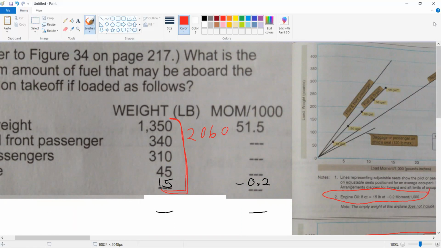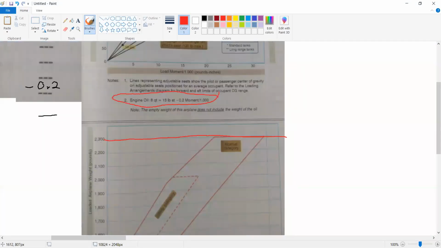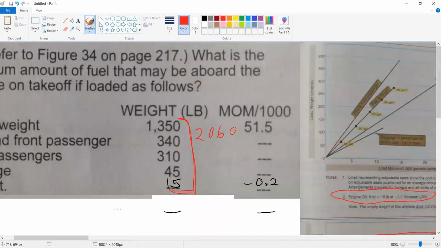Once we tally those numbers given, we are left with 2060. Now looking at the graph, we know our max load is 2,300. So we just subtract them from each other, and we should know how much fuel we can carry. After subtracting it, did I do it right? 2060, hold on.